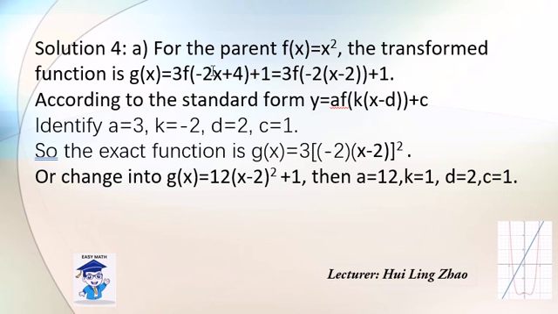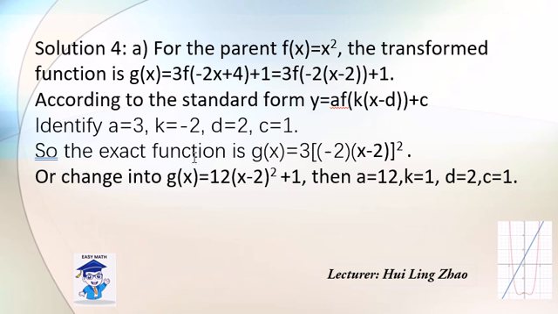So we have to take the negative 2 out, so it becomes 3f of the bracket negative 2 times the bracket (x minus 2) plus 1, according to the standard form or the general form. So we can identify a equals 3, k equals negative 2 here, and d is positive 2 and c is 1.